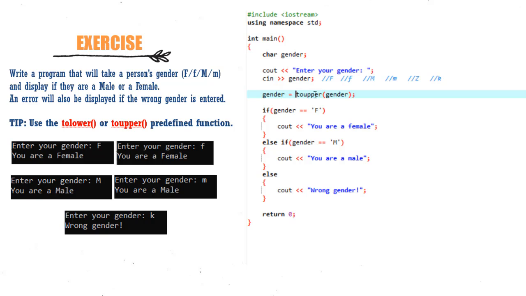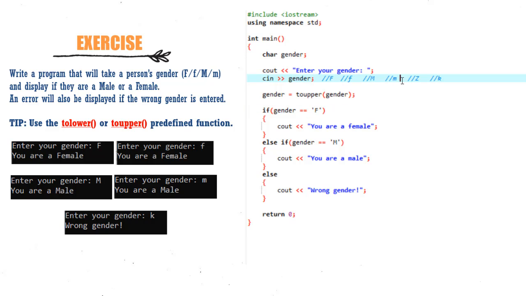All right. So let's say here is a small f. It will convert to an uppercase. Then right now, suddenly this gender will be in uppercase. Okay. The same thing goes if it's in capital letter. If it's already in capital letters, again, since it's already in uppercase, it will just be sent back as an uppercase. Okay.